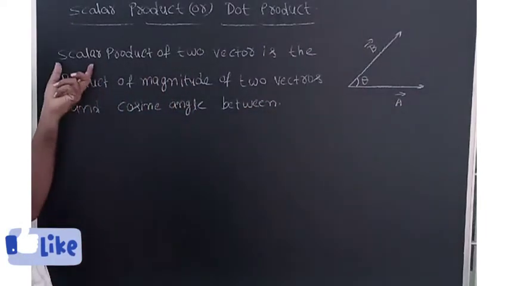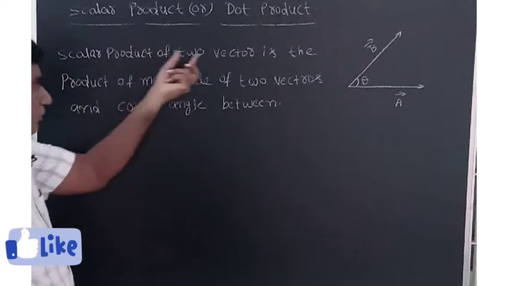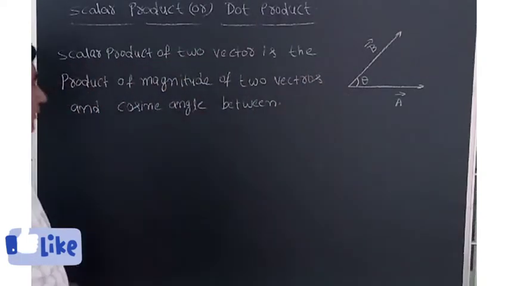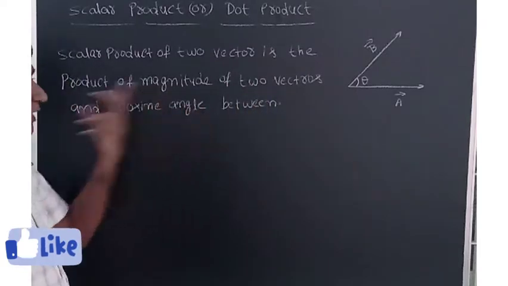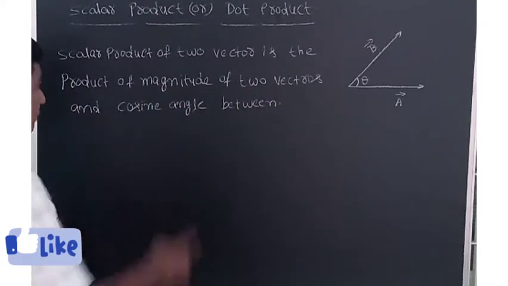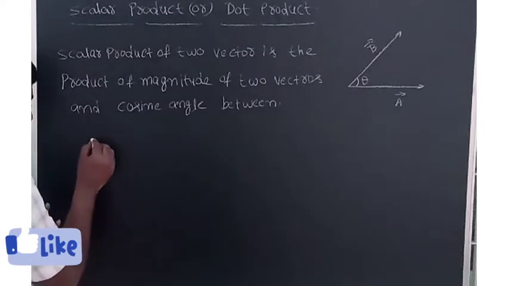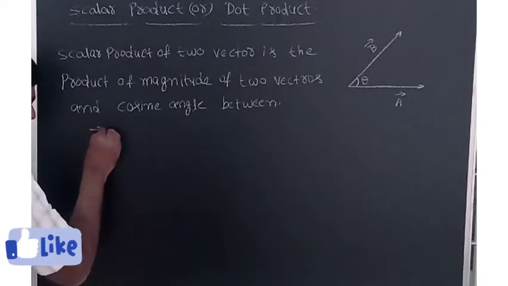So this is the definition. We are going to take the product, which you can write as A vector dot B vector.